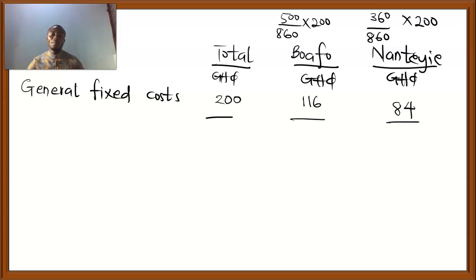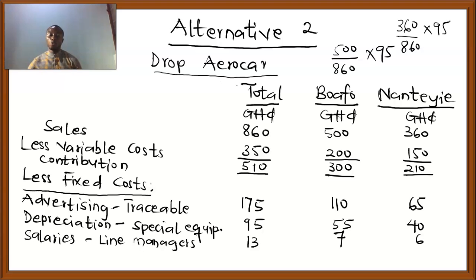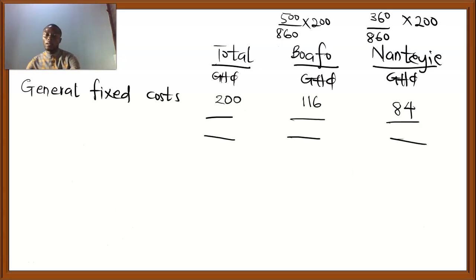So now we sum up all the total fixed cost. We sum this up, and that gives us a total fixed cost of 483.